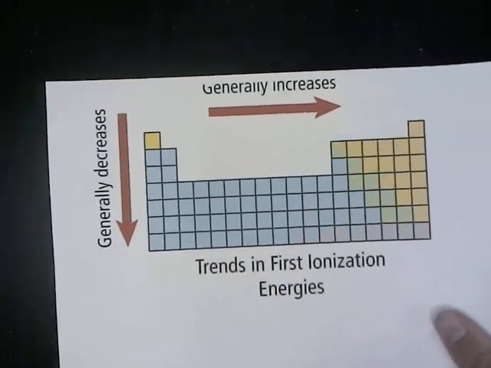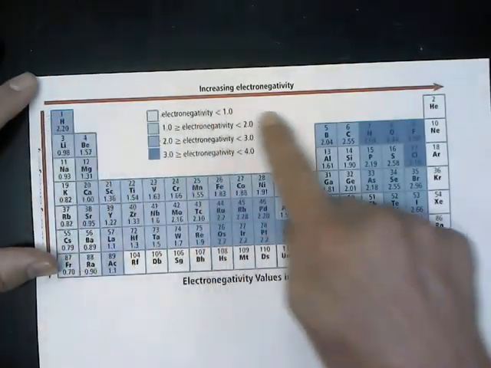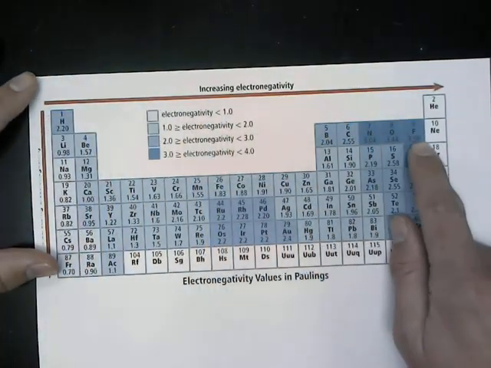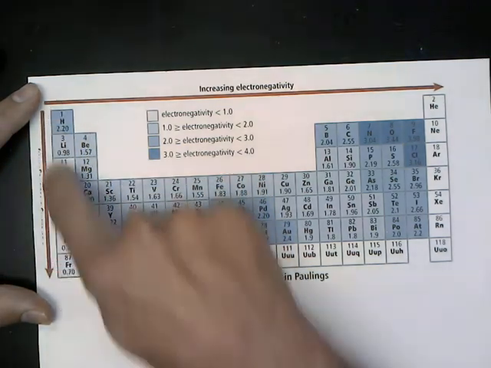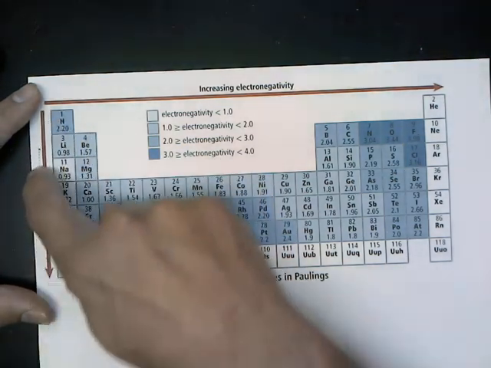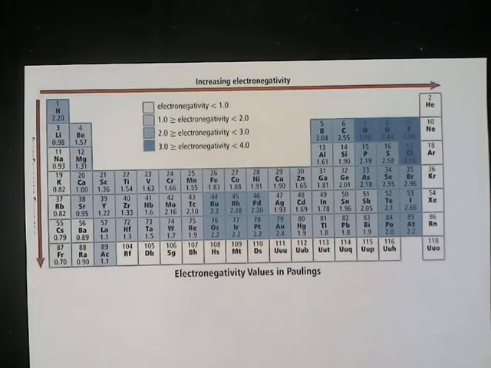And then our last trend, what we just talked about, was electronegativity. So as we move left to right, the electronegativity increases, and as we move top to bottom, the electronegativity decreases. All right, so we talked a lot about periodic trends. We'll use these trends and make sense of them later on in class.